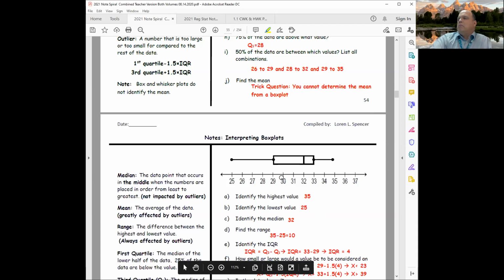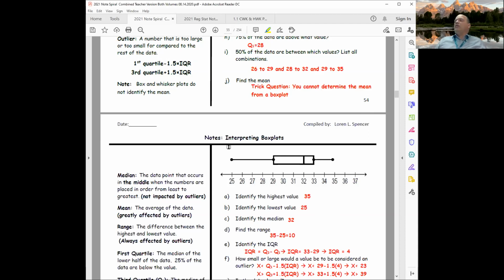So 29 minus 1.5 times 4, 29 minus 6 gives us 23. So if we had an outlier, it would have to be a value less than 23. If the value is 23, it's not an outlier, okay?